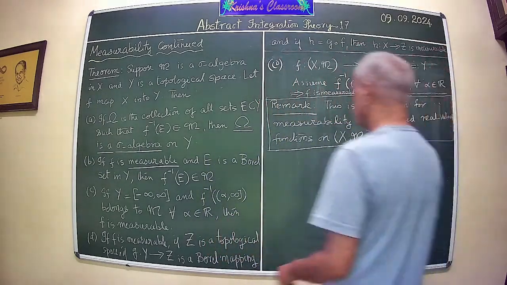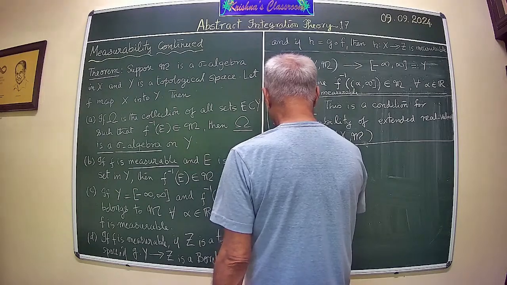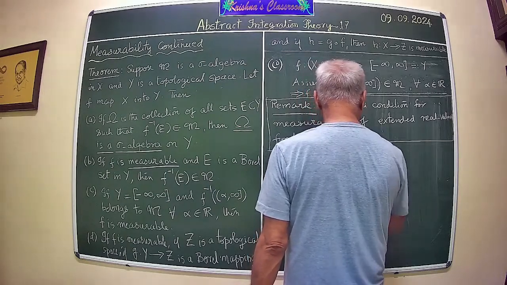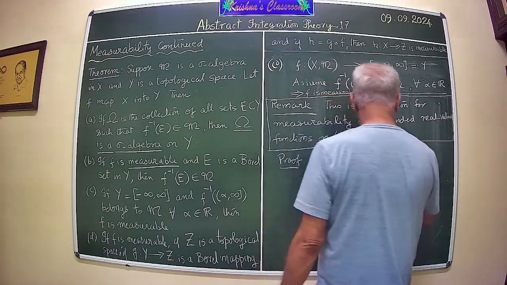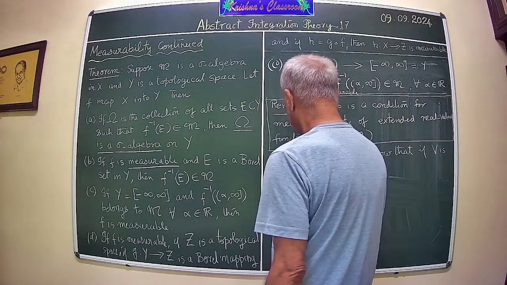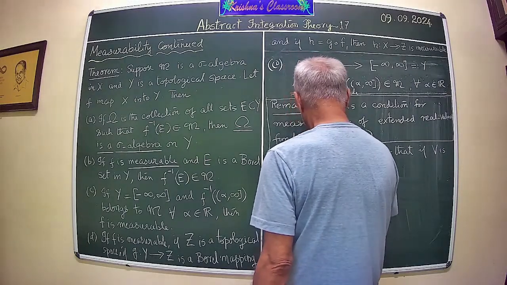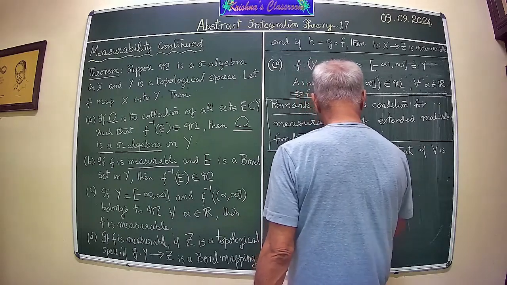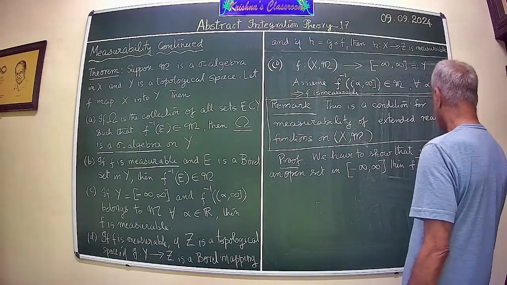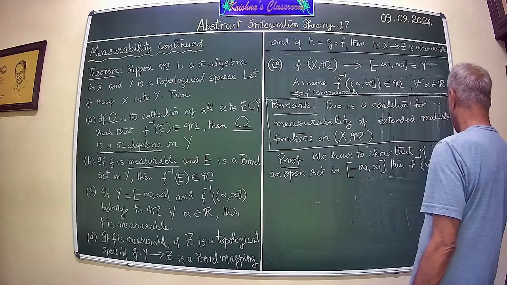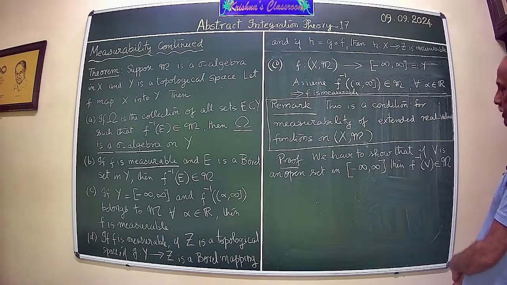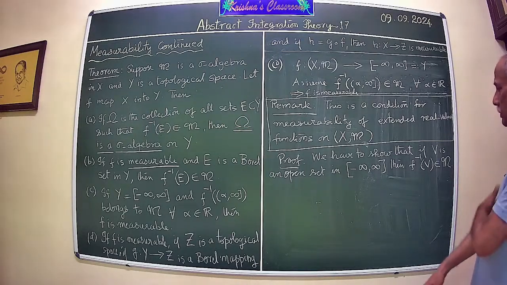So what we have to show is that if V is an open set, F inverse of V is in M. This is what we want to prove, that would assure that F is a measurable function.